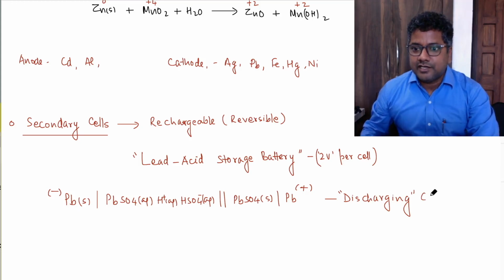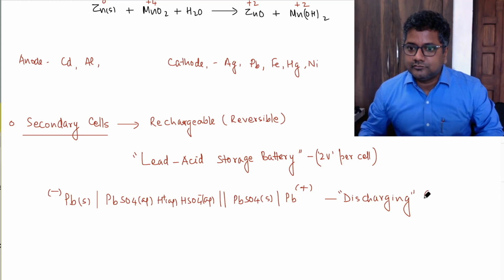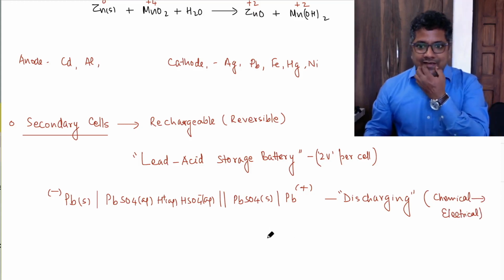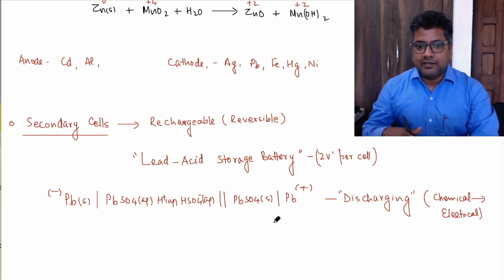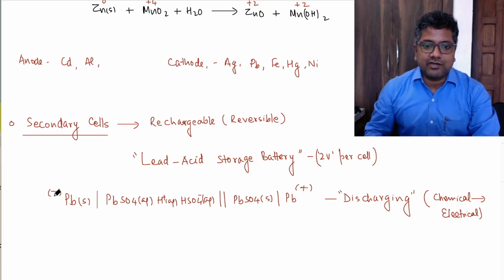Discharging means chemical to electrical. And when this is recharging, in the charging state, when this battery is charged, then this is cathode and this is anode, reversed. So that's why this is called a reversible cell.